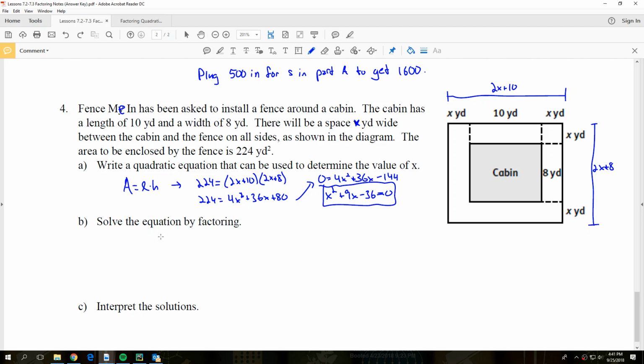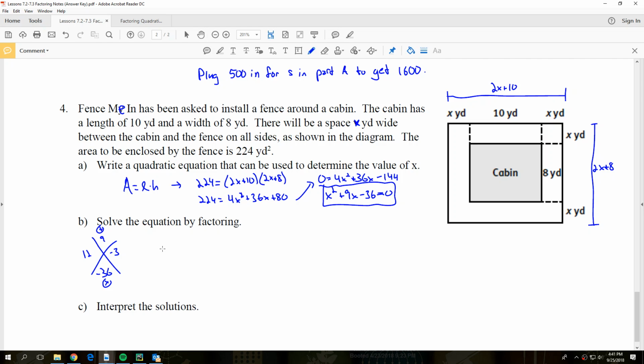In this case, the factoring looks like it's pretty easy. I guess we won't be lazy. We'll write this in. So negative 36 for multiplication and positive 9 for addition. And that looks like it's going to be 12 times 3. So that would be 12 and negative 3.